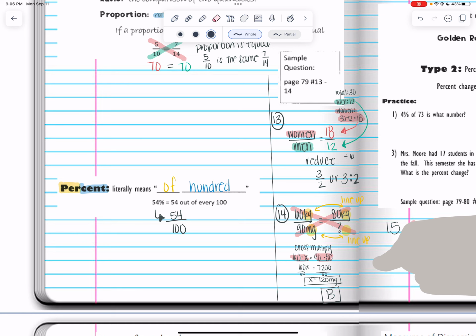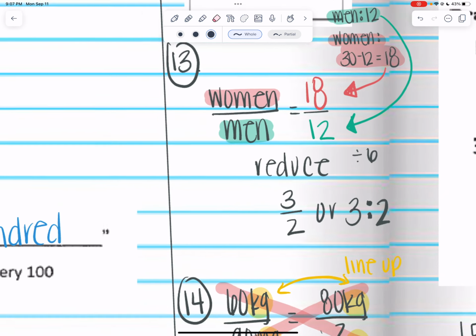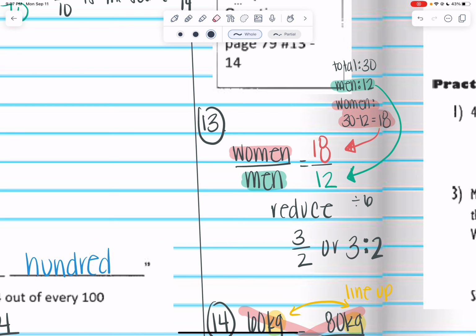So you need to keep women on top of the fraction and men on the bottom of the fraction. So the numbers that correspond with women and men need to be placed appropriately. Because the order said women to men, I'm going to set my ratio up as women to, that's the divided by symbol, men.